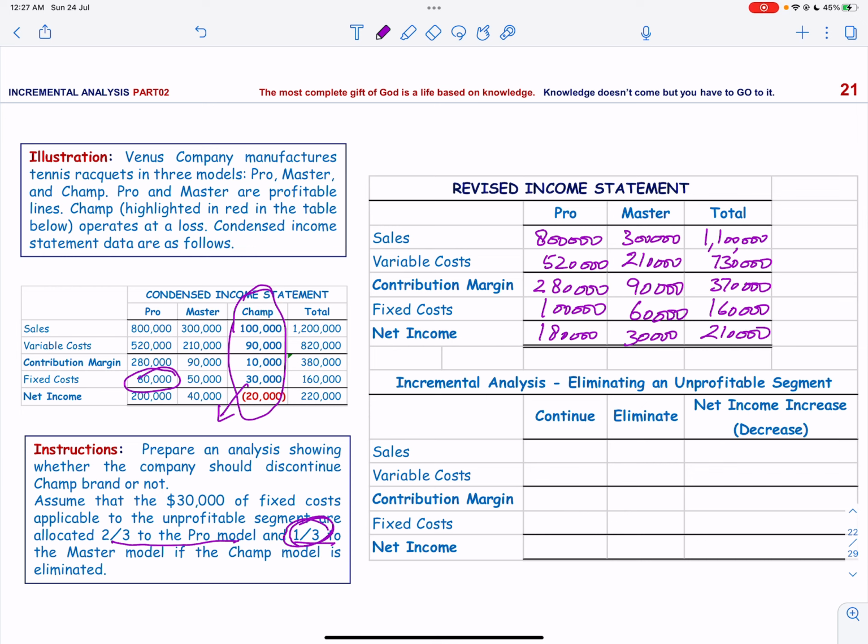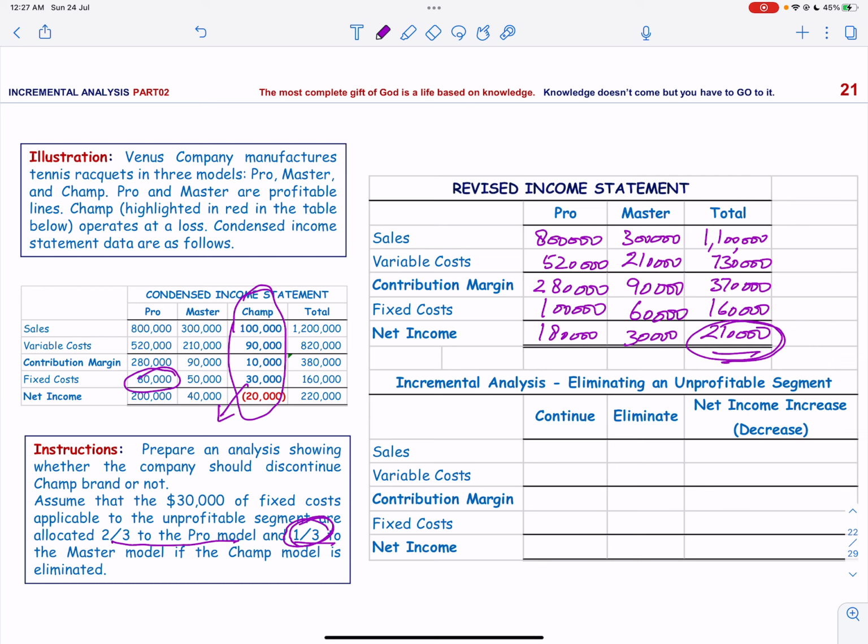At first it looked to us that if we eliminate the Champ racket, our net income will increase from 220 to 240, but however you can see that it has decreased by 10,000.